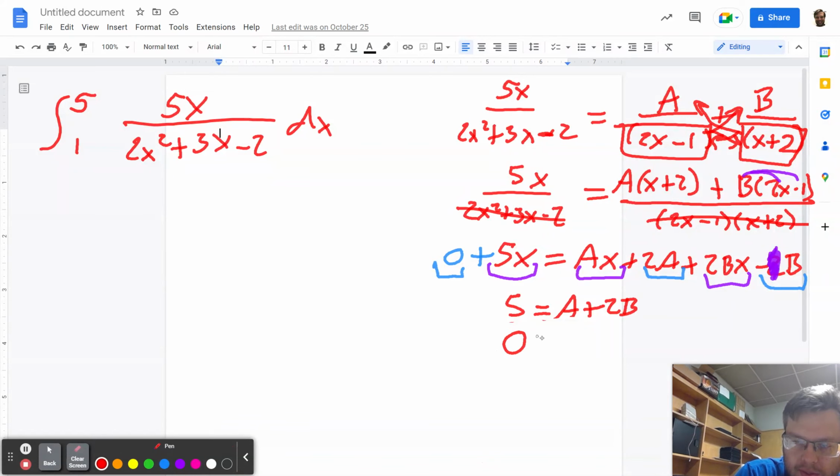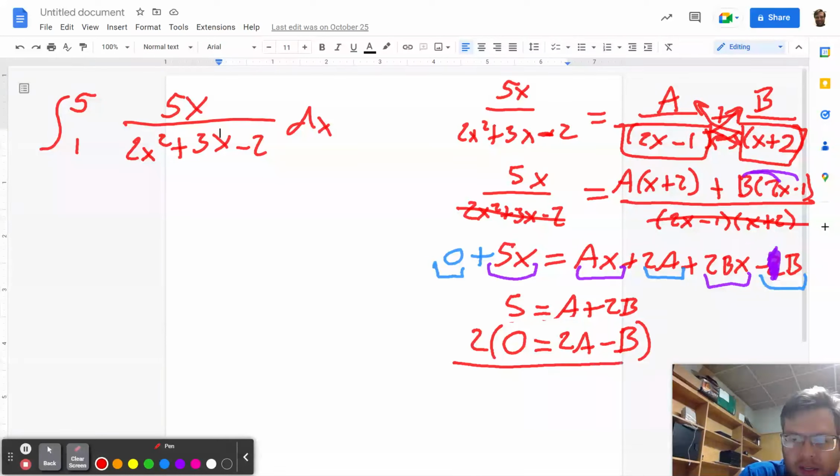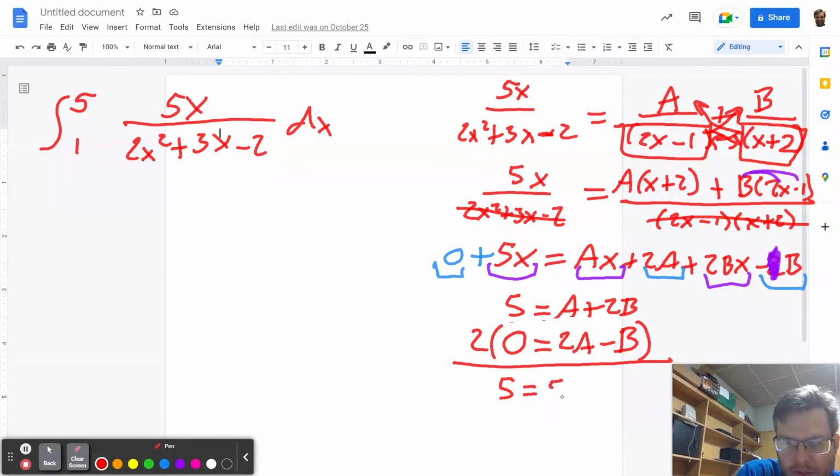We still know that 0 equals 2a minus 1b. There we go. All right, let's double this and then add them together. I doubled it so they both have 2b. So now that means 5 equals 5a, a equals 1. Substituting that in would tell me that b is equal to 2.